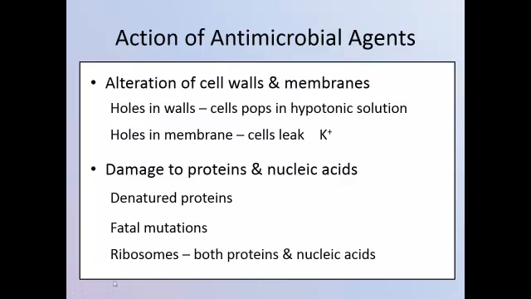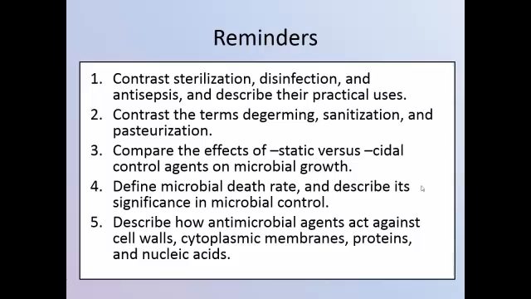And ribosomes: if you inhibit the action of the ribosomes, you're hitting both proteins and nucleic acids. So pretty much the action of all microbial agents is attacking either the cell walls and the membranes, or causing damage to the proteins and the nucleic acids inside of the cell. So here are reminders of what you need to learn for this topic.